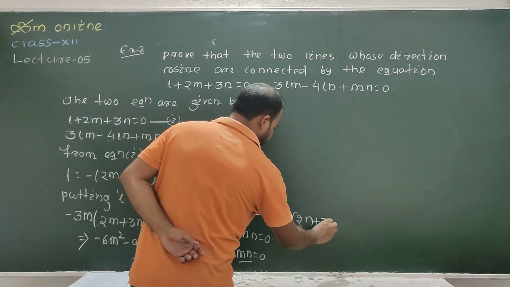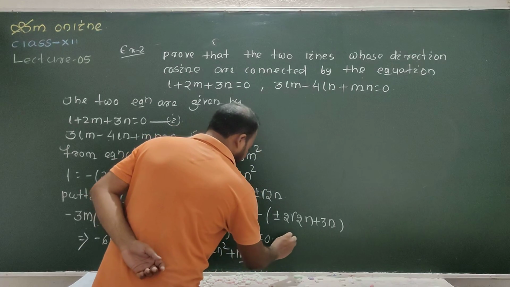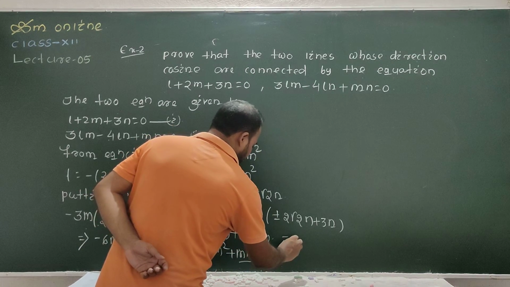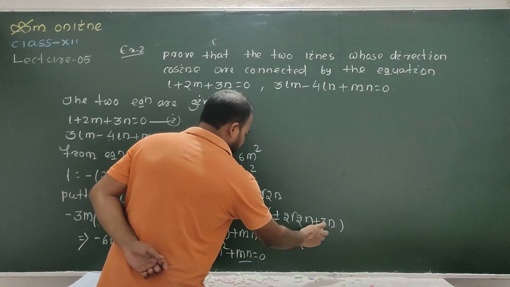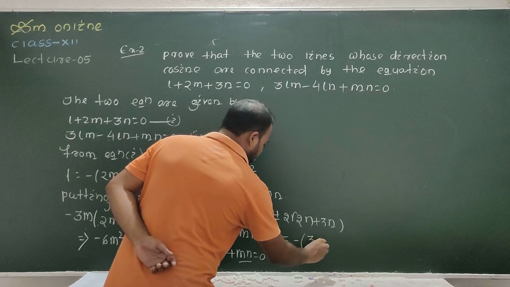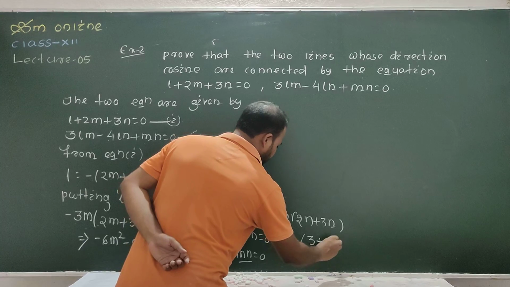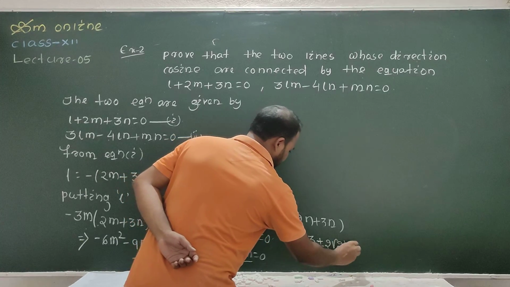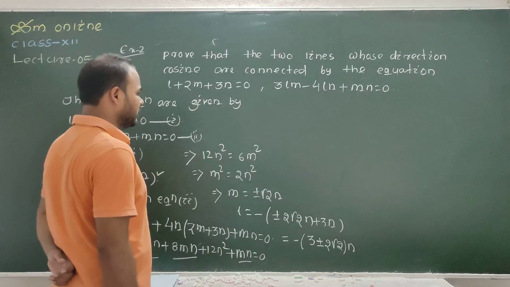So taking n as common, this is minus of n, 3 plus minus 2 root 2, into n. This is the value of l.